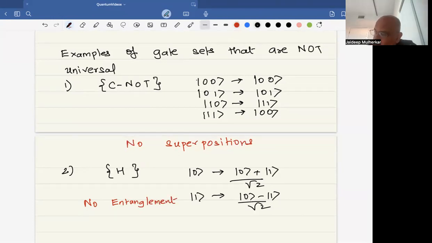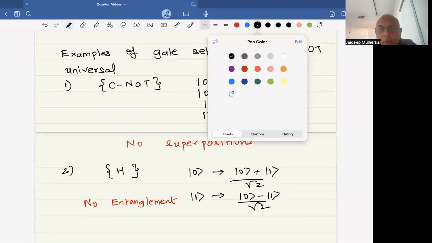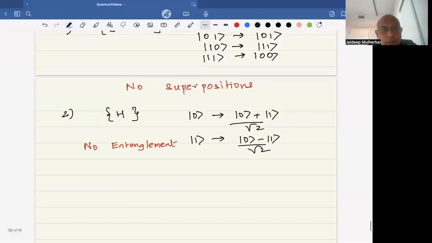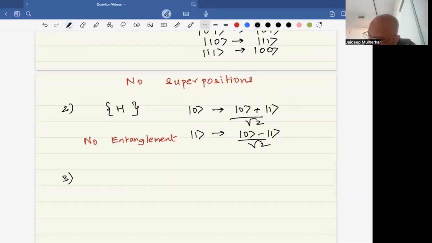And then let's take another set, such as C-NOT and H. Now we can create superpositions, right?